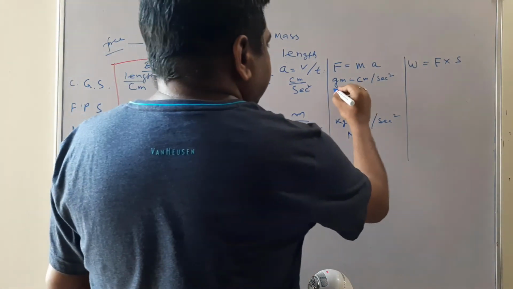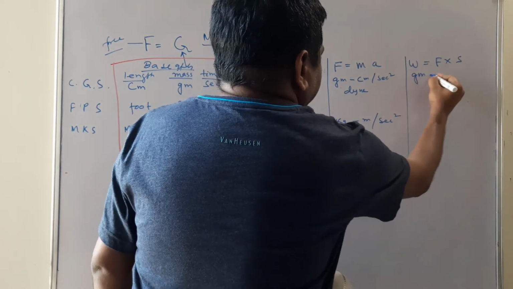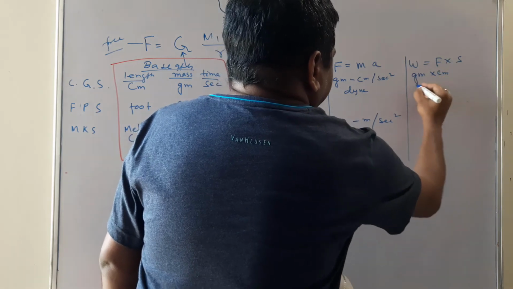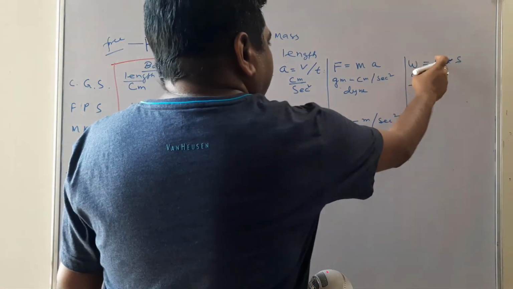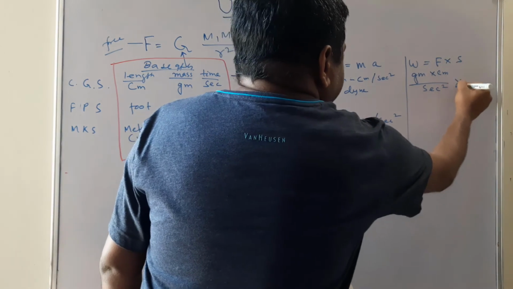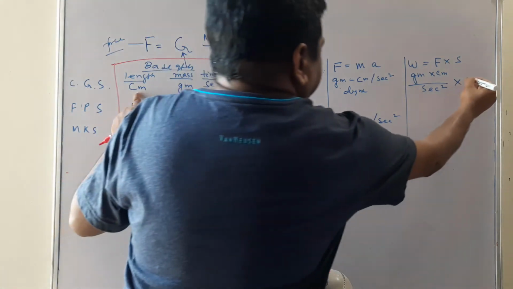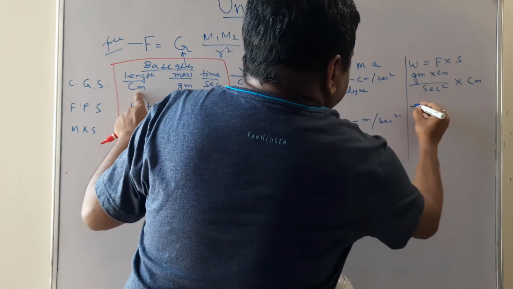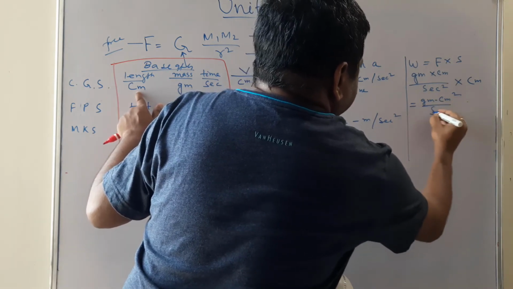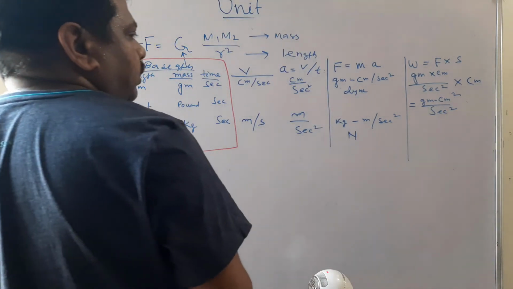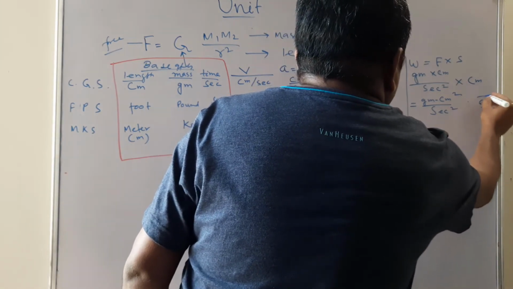So force here is gram cm per second square, into s, displacement is cm, again another cm, so it is gram cm square by second square, right? And it has another name, erg.